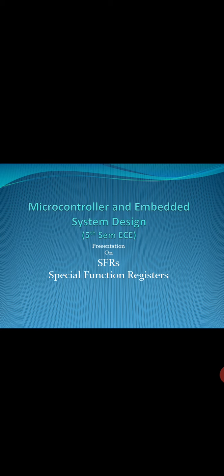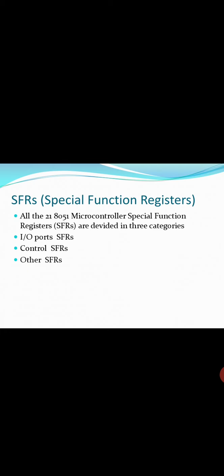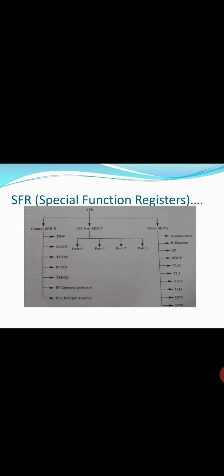My today's presentation is on special function registers. There are 21 special function registers in 8051 microcontroller, which are categorized into 3: IO port special function register, control special function register, and other special function registers.